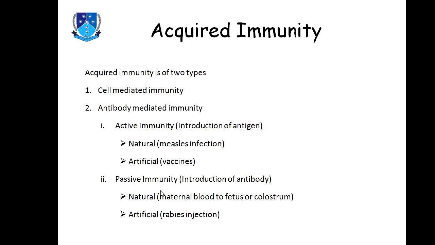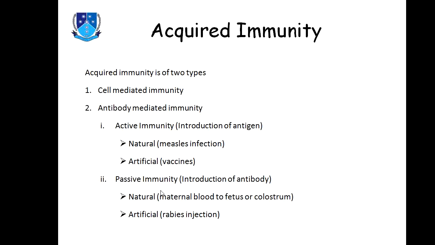The body is passive. So we introduce the antibody directly into the body to destroy those microorganisms or antigens. This is called passive immunity because the body is not involved in the active production of antibodies.